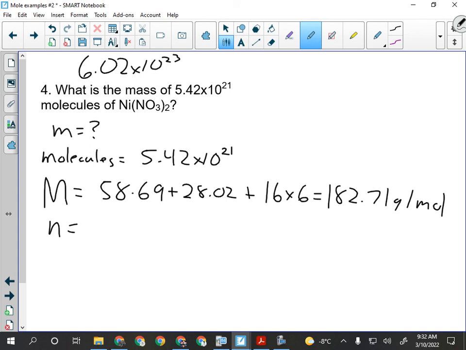Exactly. Like Ethan said, we take our number of molecules and we divide by Avogadro's number. That will leave us with the number of moles. So we'll take our 5.42 times 10 to the 21 divided by 6.02 times 10 to the 23.